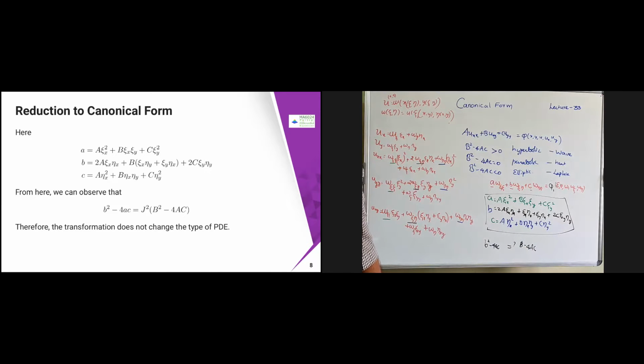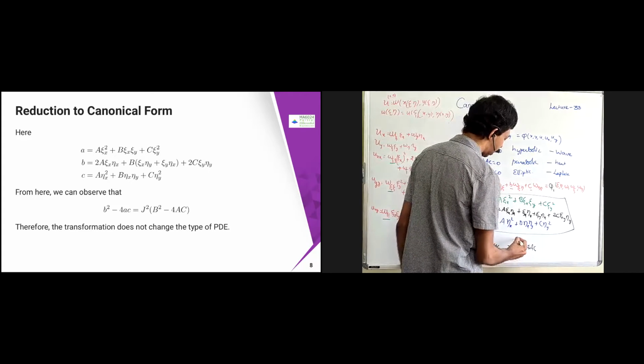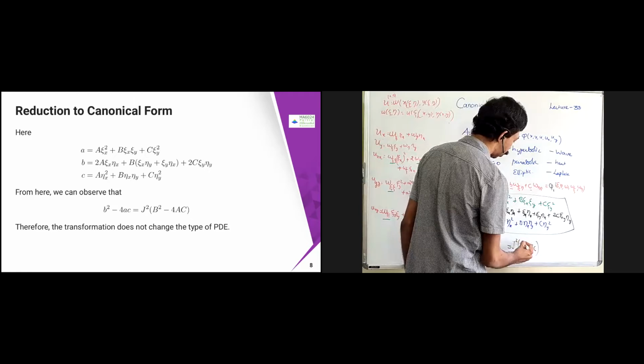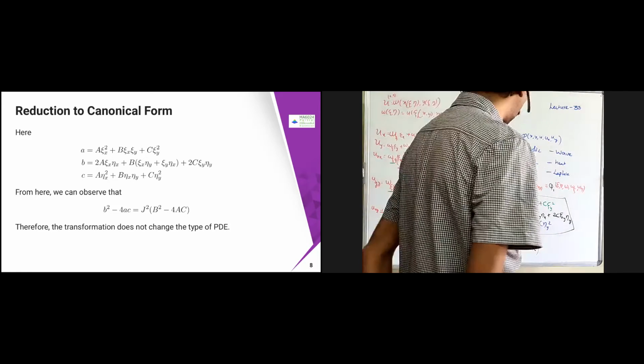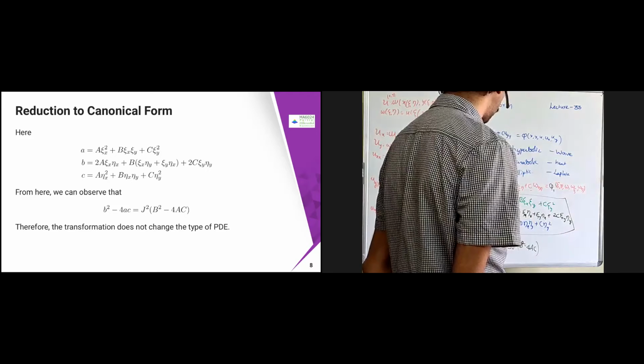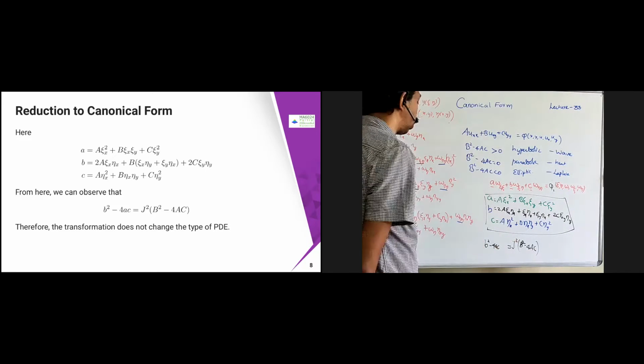That we need to see. If I just calculate it, what you can prove is that this is going to become j square into b square minus 4ac.